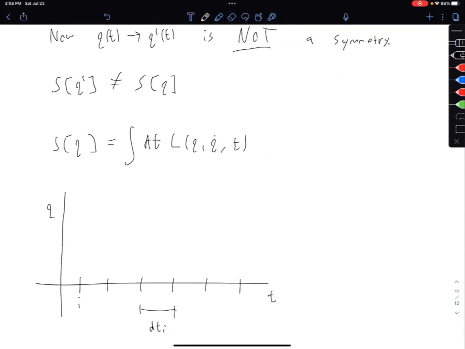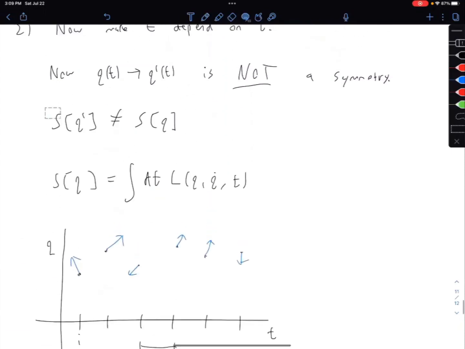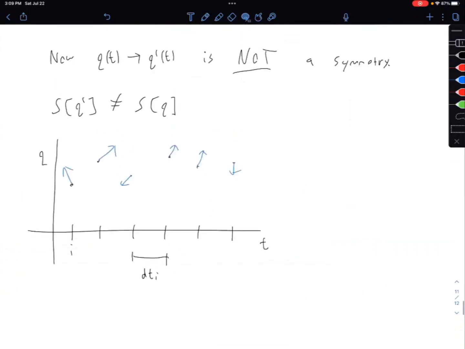And then I have some points along some trajectory, and then I shift each one by some different amount. You can do any sort of crazy thing. What is the action of the old path?